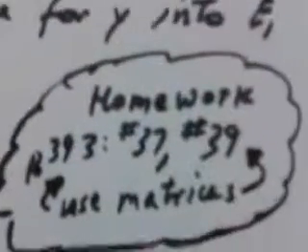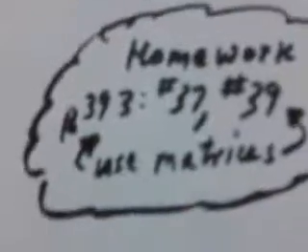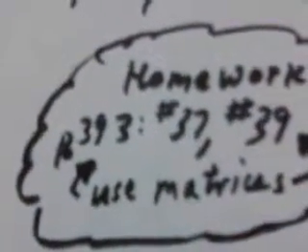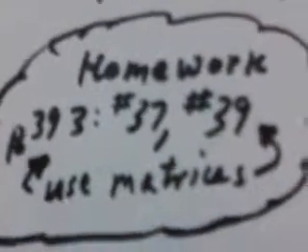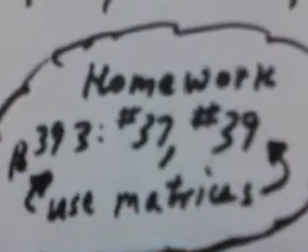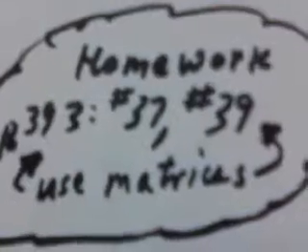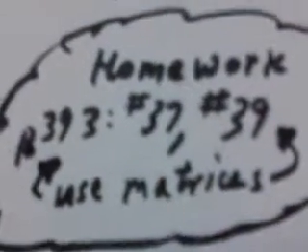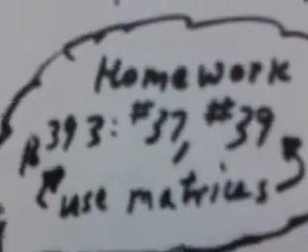Now, for the homework on the matrix method, the homework on using matrices to solve linear systems, you want to do the same two problems that you did using the addition/elimination method. But this time, you want to use the method of matrices.